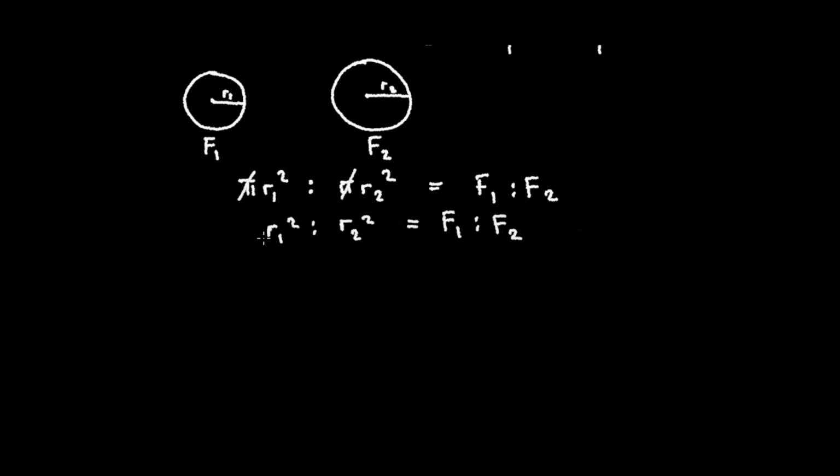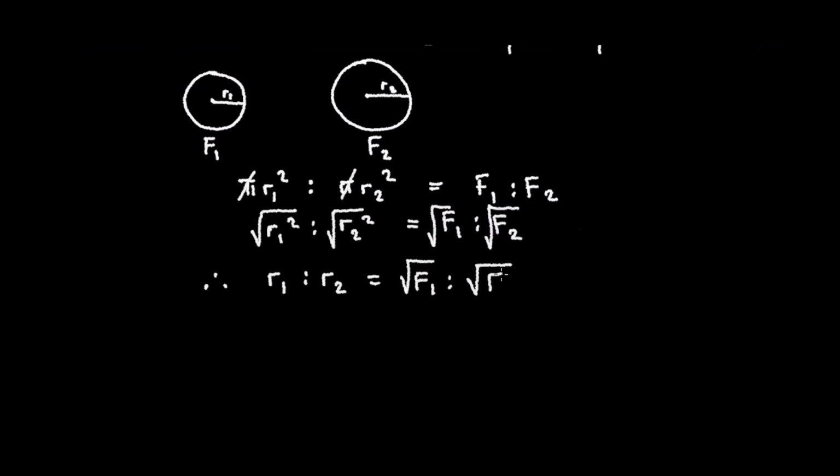Then of course we take a square root on this side and also on this side, to balance off we do the same on the other side. So therefore radius 1 over radius 2 should equal the square root of the population size F1 over the square root of the population size F2.